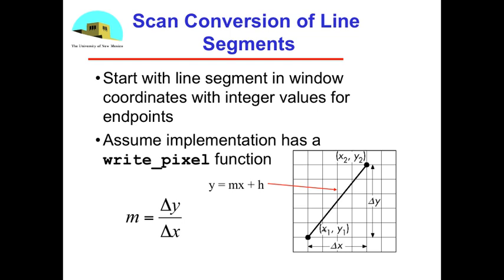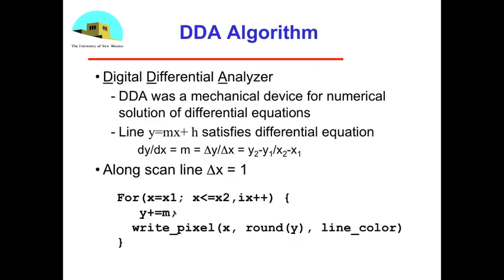And so that's a very, very simple way to get the solution, but the part that's going to be a little tricky here is that delta y and delta x are integers because we start with integer values for the endpoints, but their ratio is going to be a float. So we'll have to do something like in this little pseudocode loop. We march from the first x to the last x, and we increment x by 1 each time.